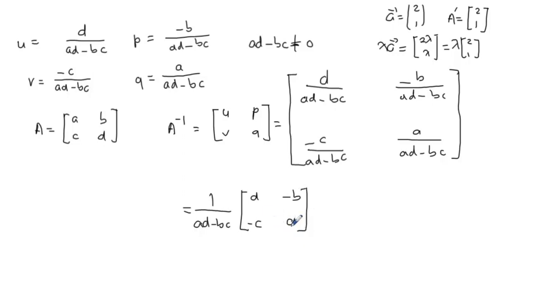Now, at this point, we can say we've got a formula for getting the inverse of a given matrix. This here will be A inverse, given A, which is that. It's just playing around, guys. If you look at what's happening from here to there, it's just playing around.